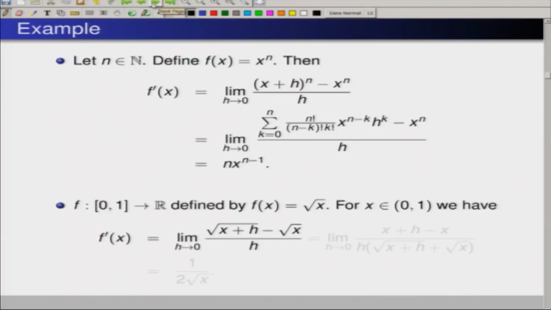Now, let us define f of x equal to square root of x. Obviously, this function can only be defined if x is greater than or equal to 0. Here we had taken f to be from the closed interval 0 to 1, so this function is pretty much well defined.